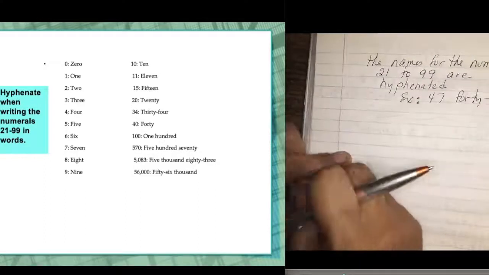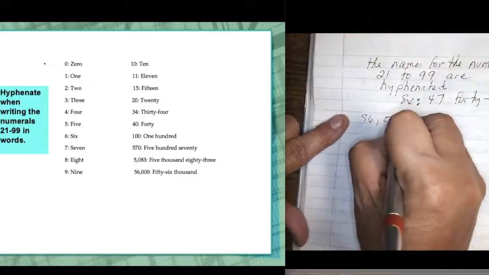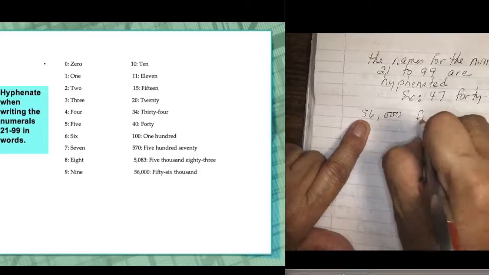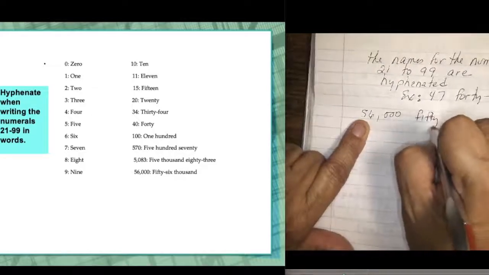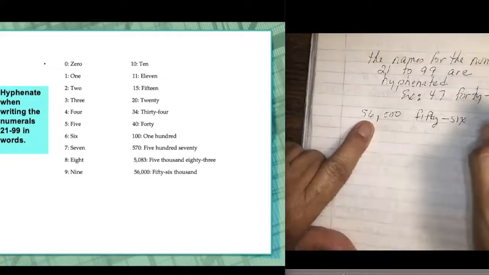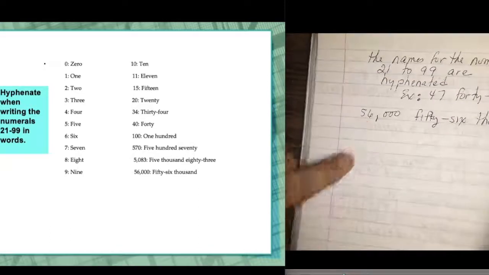So be careful with your spelling. One example, 56,000. I just wanted to include one more example here. So the 56 would have a hyphen, 50, hyphen, and then 6. Notice the comma is my thousands.